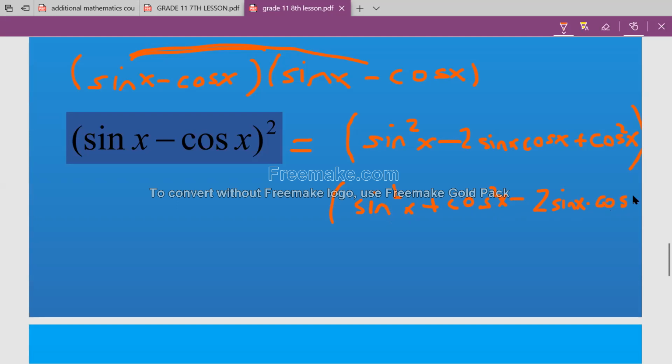Now, can you see that identity which is always correct? Sine square x plus cosine square x equals 1, so we get 1 minus 2 times sine x times cosine x.